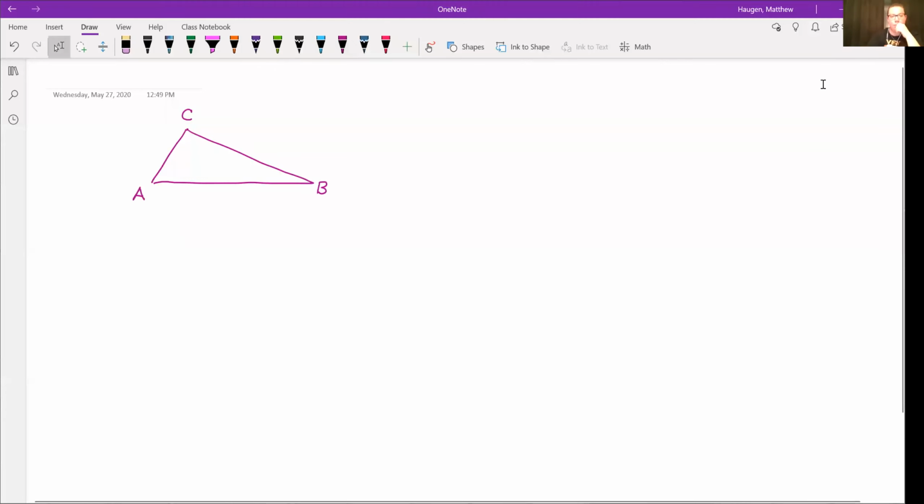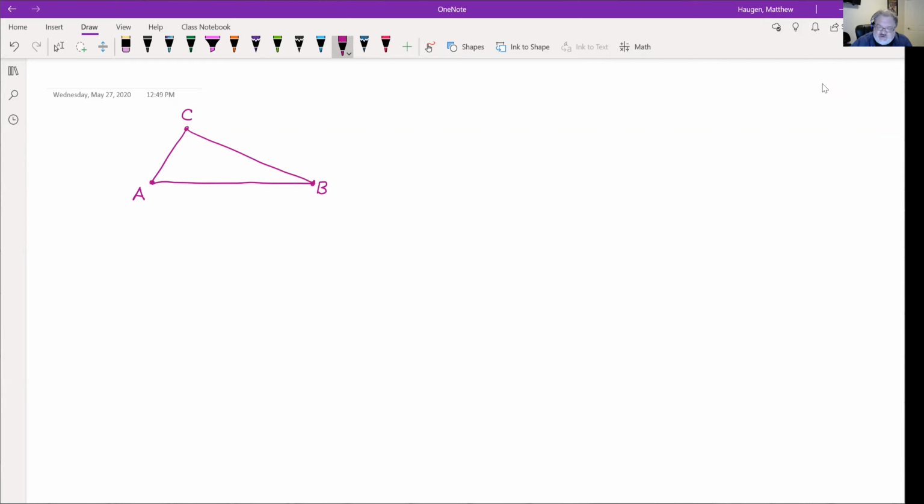I appreciate that, Shay. So I want to start with a labeling convention. It's very common to label the vertices of triangles or other parallelograms or other diagrams with capital letters.